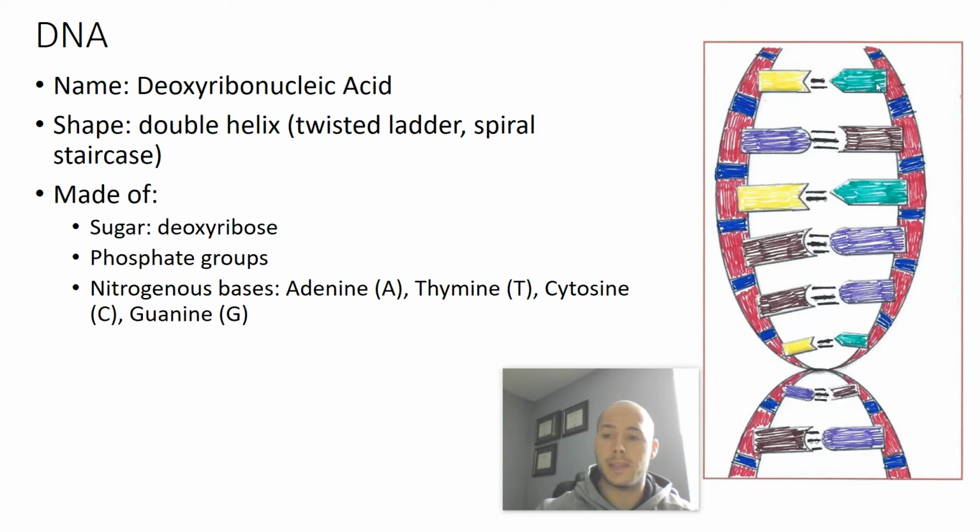Every time A and T pair together, and then G and C. So we could say this is guanine, this is cytosine. If we go through it again: adenine, thymine, guanine, cytosine, adenine, thymine, cytosine, guanine, guanine, cytosine. A and T, G and C.